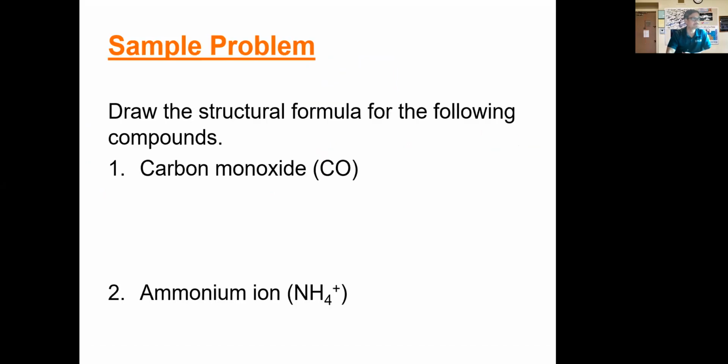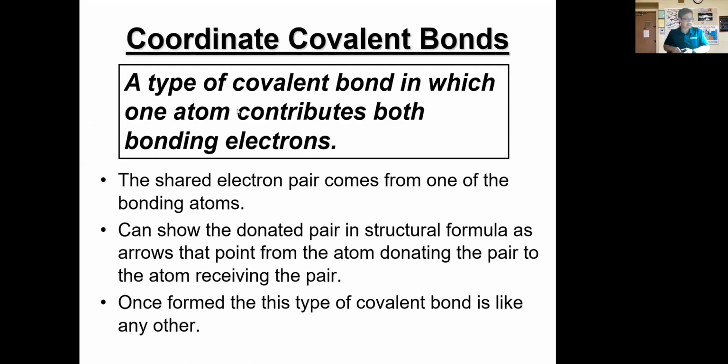All right, so we saw how in carbon monoxide, one of the bonds in the triple bond was a coordinate covalent bond. Here we saw with the ammonium ion, one of the 4 single bonds is also a coordinate covalent bond. So the coordinate covalent bond is not a separate type of bond itself, but just a way that we can represent a bond in which only one of the atoms of the pair contributes the electrons to form the bond.